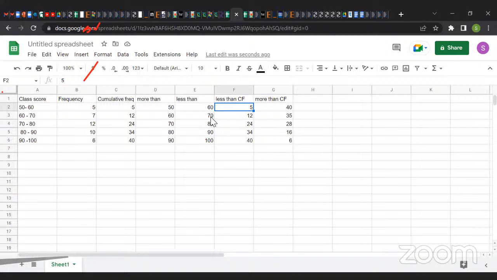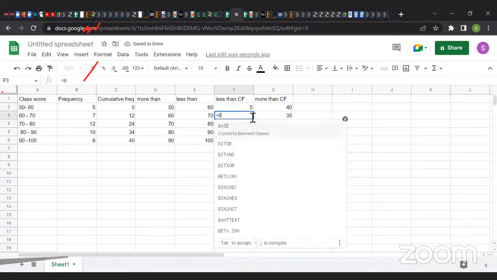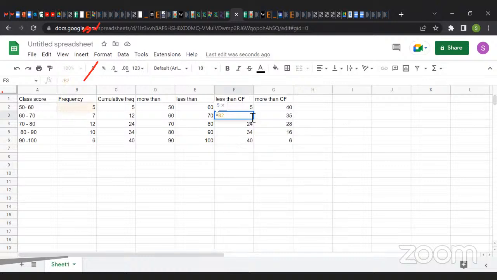The students who got less than 70, we calculate it, as we mentioned, equal B2 plus E3, and then we enter. And it goes all together like this for less than.